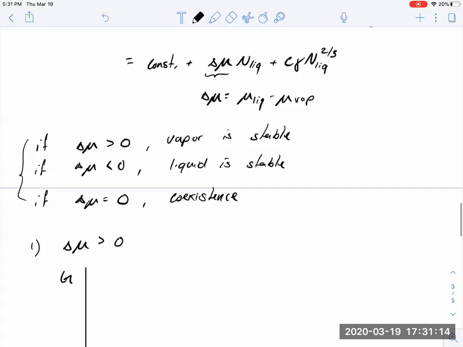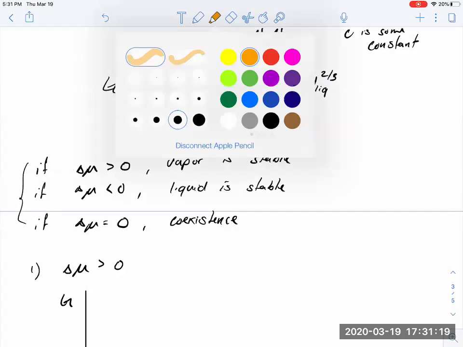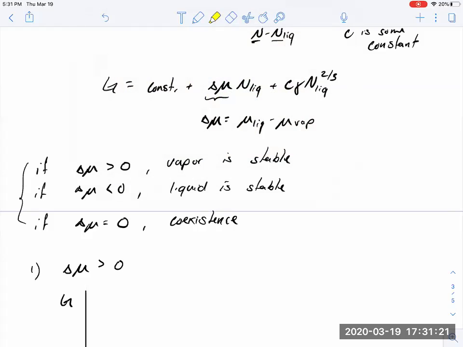So our equation up here, go ahead and highlight it. The Gibbs free energy goes like that chemical potential difference times that number. So there's a linear dependence in the number of liquid particles. And then there's a piece that goes like n to the 2/3 times some positive constant.